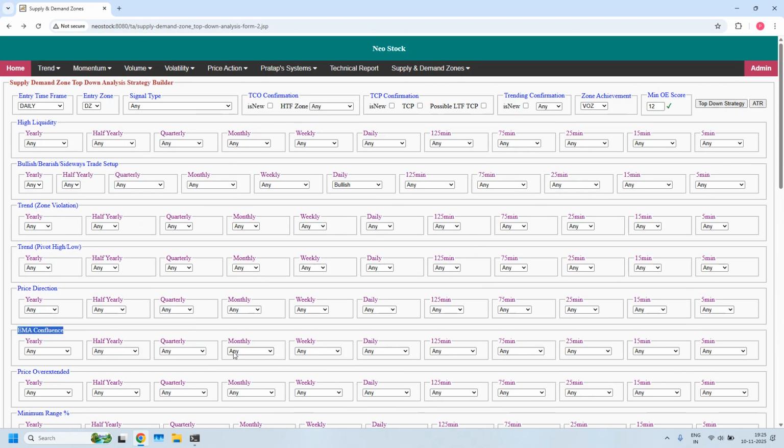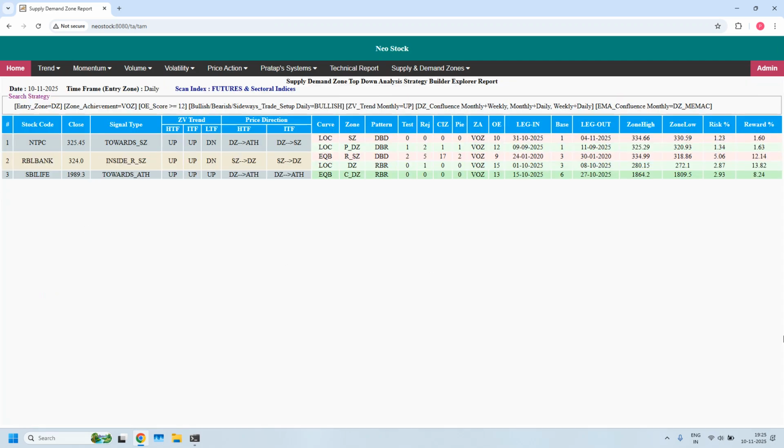Also EMA, monthly demand zone with monthly EMA. Trend on the monthly should not be sideways, it should be uptrend. So we got 3 stocks as per the second strategy.